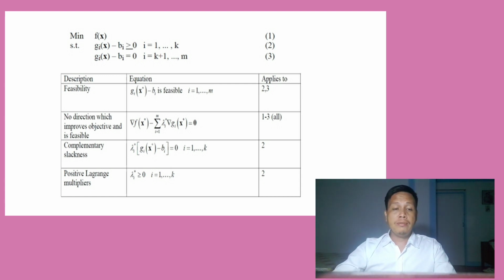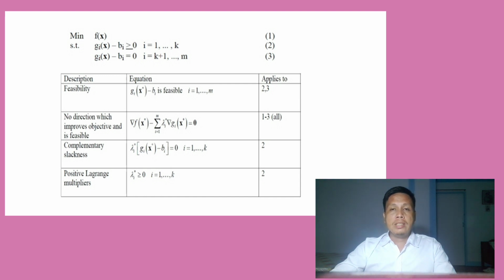The first condition is feasibility: g_i(x) - b_i is feasible, for i equal to 1 up to m. This also applies to equations 2 and 3. The second condition is that there is no direction which improves the objective and is feasible.